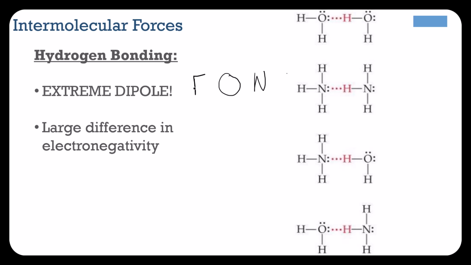So fluorine, oxygen, and nitrogen are our elite category. These atoms will be bound to a hydrogen atom. So fluorine connected to a hydrogen, oxygen connected to a hydrogen, or nitrogen connected to a hydrogen. Those are the only three atoms that can participate in hydrogen bonding.